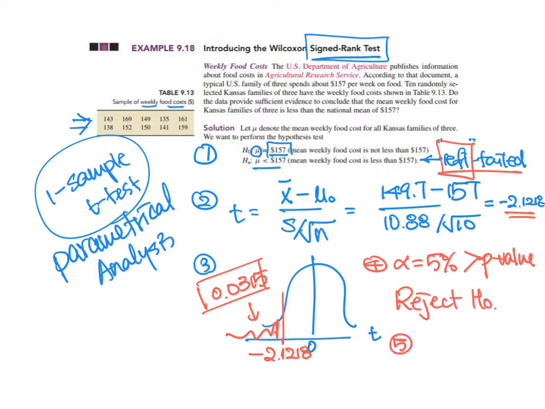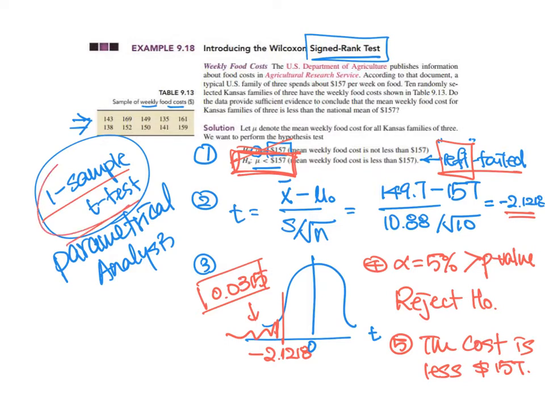We have to make the conclusion based on the alternative hypothesis: the weekly cost is less than 157. So we just reviewed how to apply the one sample t-test, the parametric analysis.